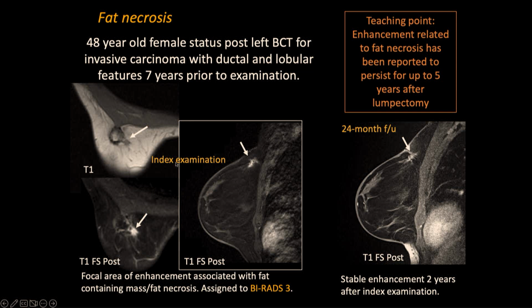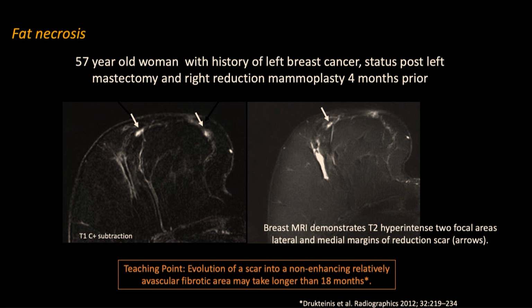Given its appearance, it was placed in 6-month follow-up, and it has stable enhancement 2 years after the index examination. So enhancement related to fat necrosis has reportedly persisted up to 5 years after lumpectomy, so just be aware of that.